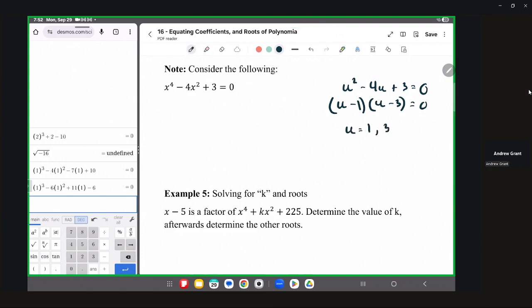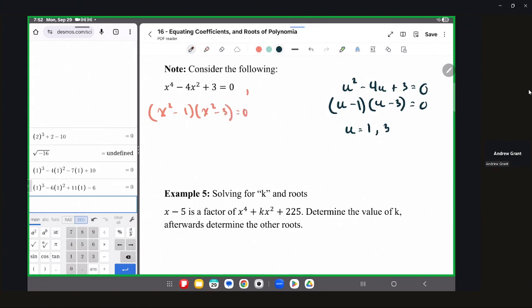Well, this is pretty close to that. Perhaps we could just try to work with this as if it was a quadratic. Could this be factored the same way? Well, we think it's going to be 1 and 3, right? And so what if we were to try to make this x squared minus 1, x squared minus 3 is equal to 0?